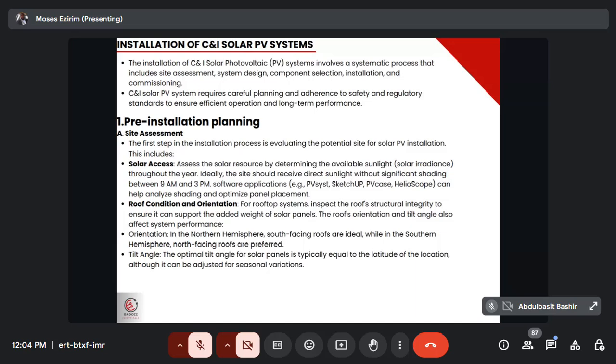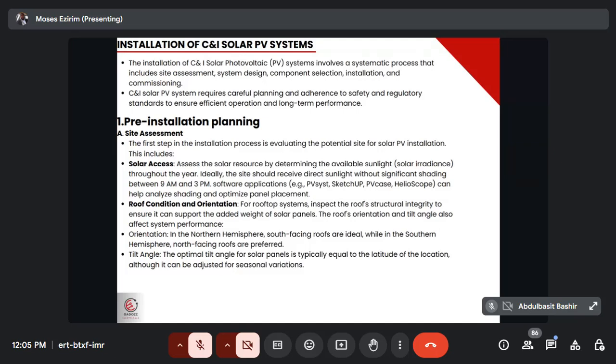Now, let me just tell you this. I used to have that notion before, but it's no longer. When you see a tall building, and beside it you are seeing a solar installation, you are wondering why will someone have this solar array beside such a high-rise building? It is very, very possible. And why is it possible?